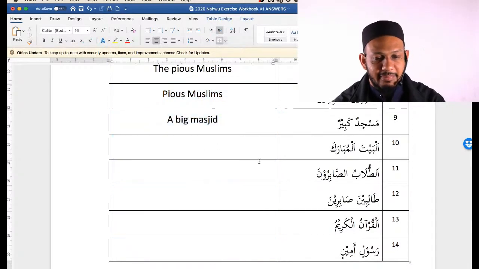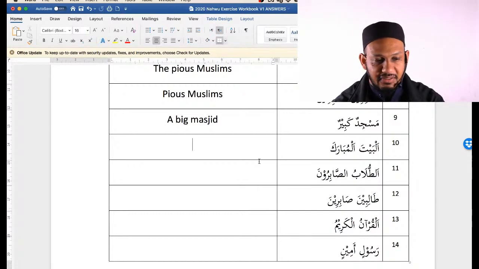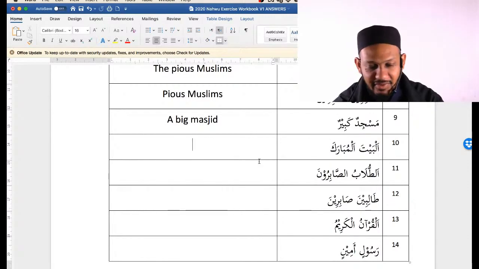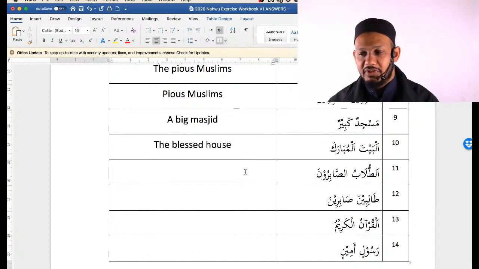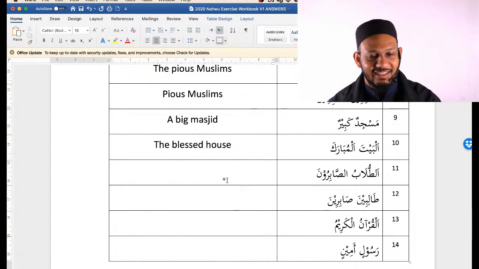And then al-baytah al-mubarakah. Al-bayt al-mubarakah, the blessed house. So hopefully you're marking your homework or doing your homework now, but you have to apply the examples, inshallah. Next one.